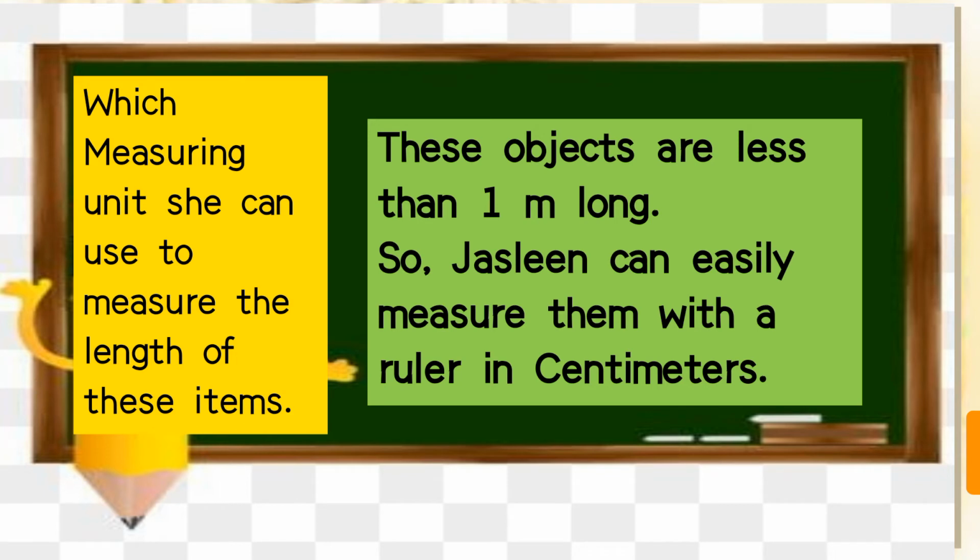So let's see. These objects are less than 1 meter long, as we know from our observation. The wardrobes are tall, but objects like shoes, a laptop, crayons, a small pouch or a pencil box are less than 1 meter long. So Jasleen can easily measure them with a ruler in centimeters.